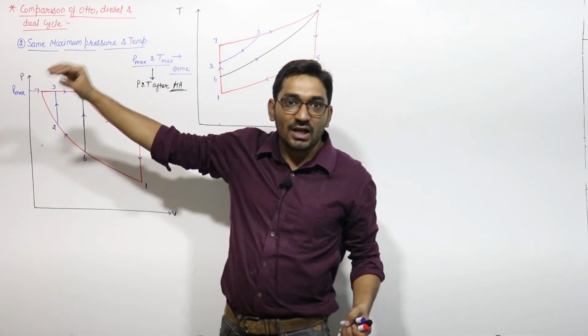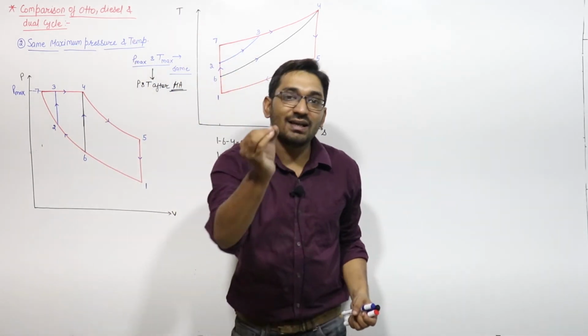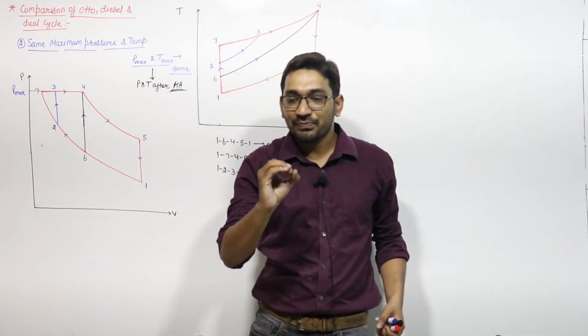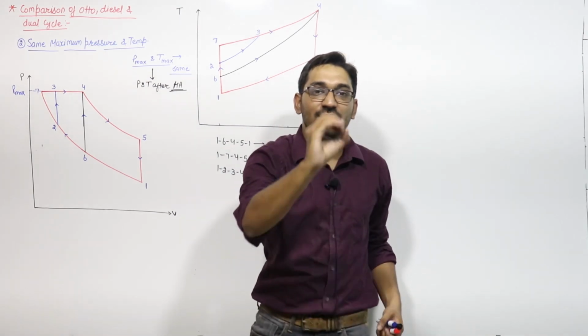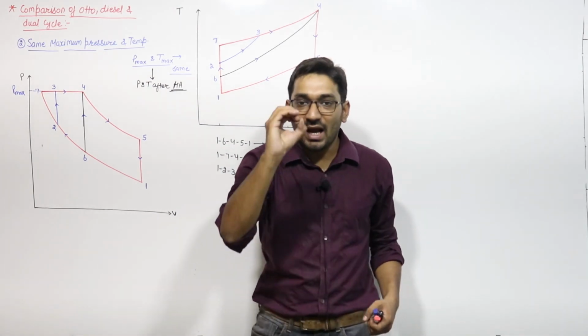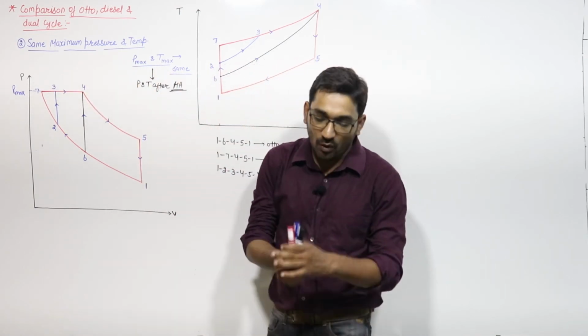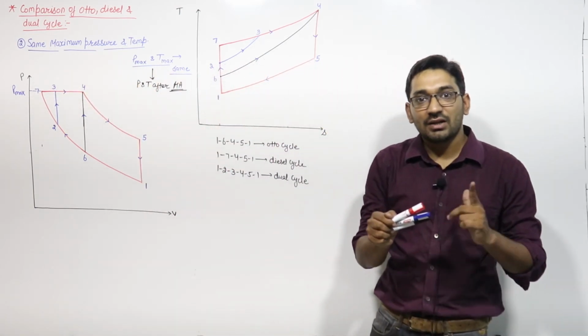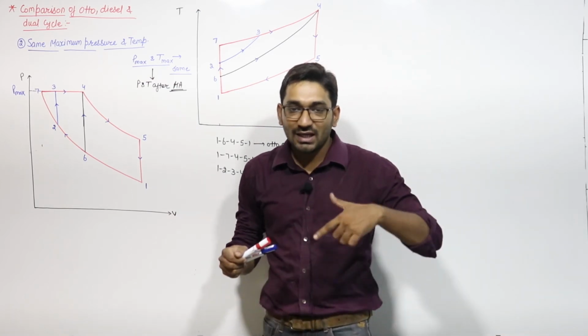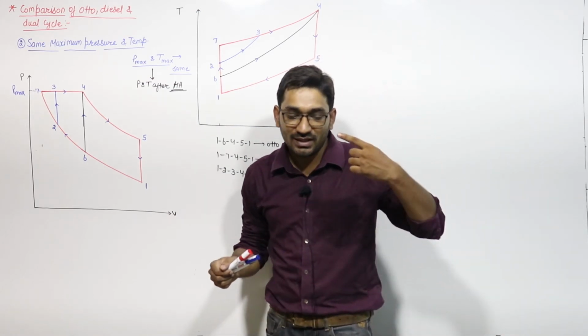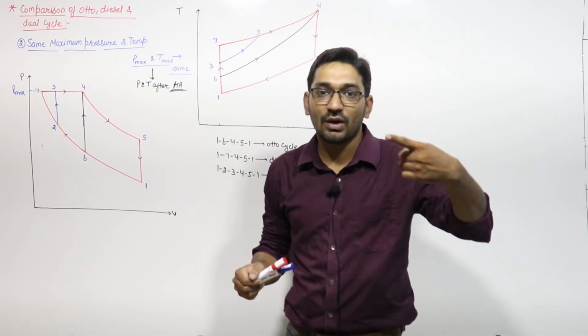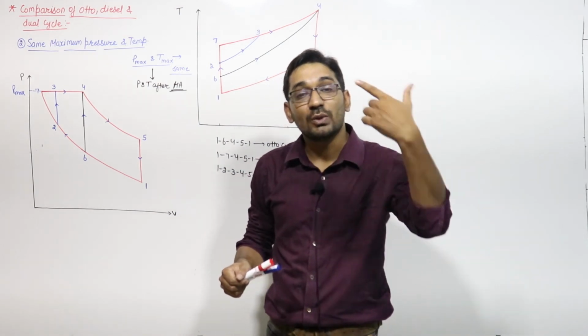So all the three cycles will reach this, that means if this is the maximum pressure in the diesel cycle, then for the Otto cycle and dual cycle, the heat addition process will end at this pressure, right? Because in the Otto cycle and in the dual cycle, after the compression there is a process of heat addition at constant volume. In that case, pressure is also increasing.